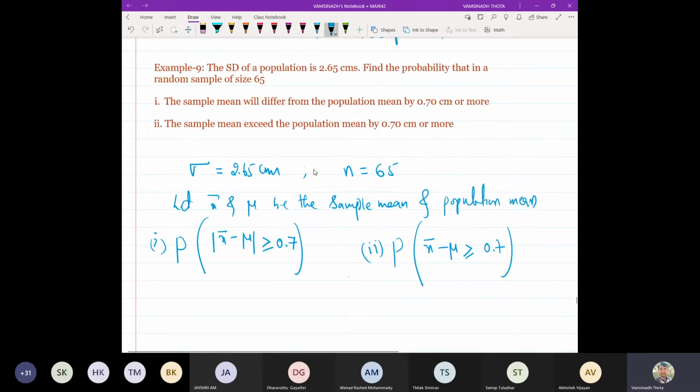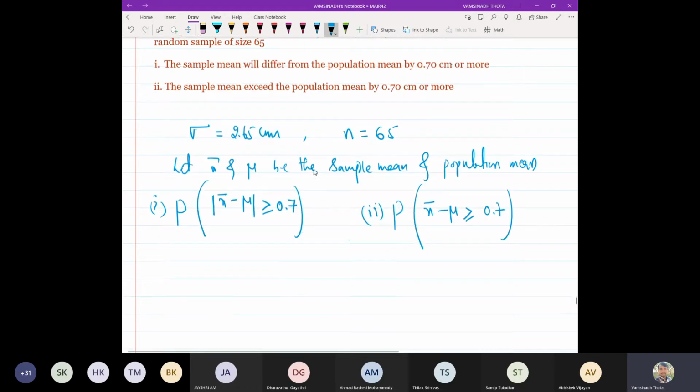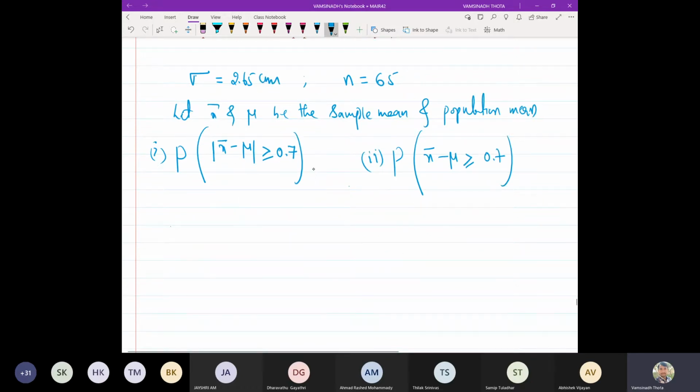By the central limit theorem for large samples, we know that z is equal to x bar minus mu upon sigma upon square root of n.